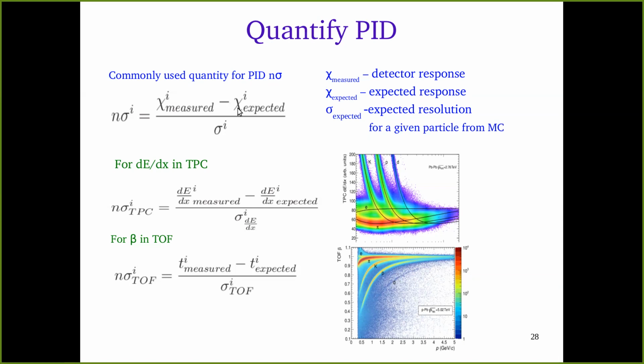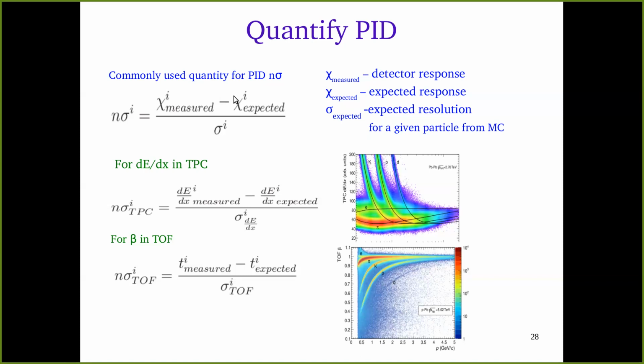Then you calculate the difference between the signal or the response you measure in your detector and the expected response in that detector for that species. This expected response is obtained from Monte Carlo, or from previous experiments or the test beams that are done in order to test the detector performance.